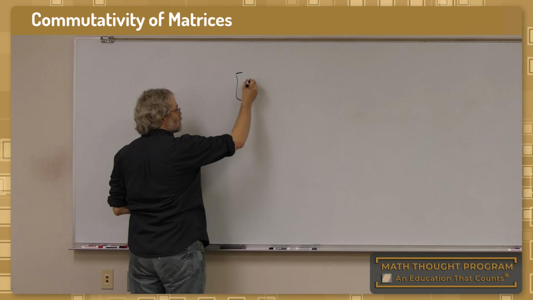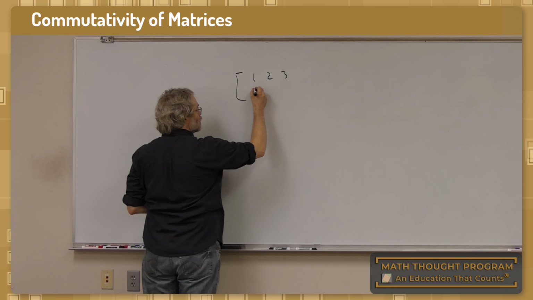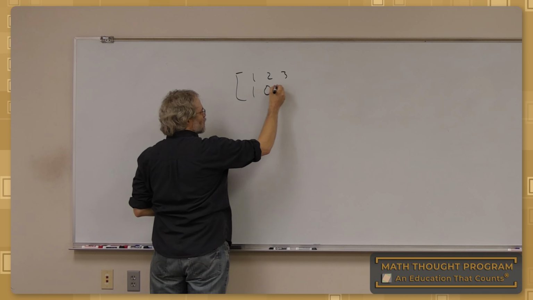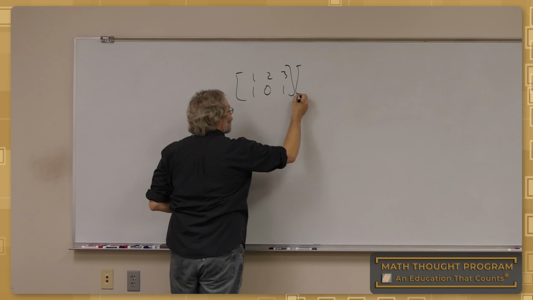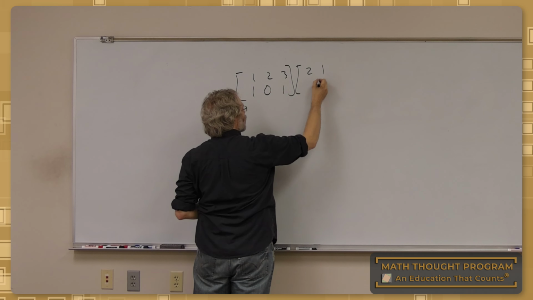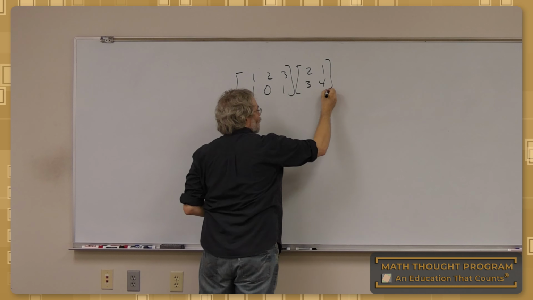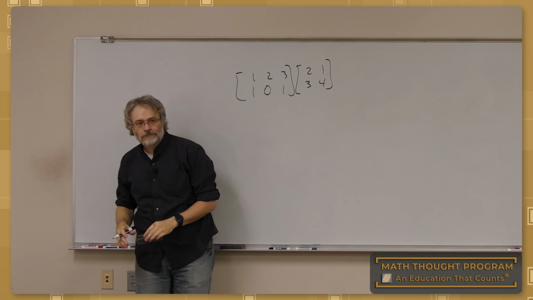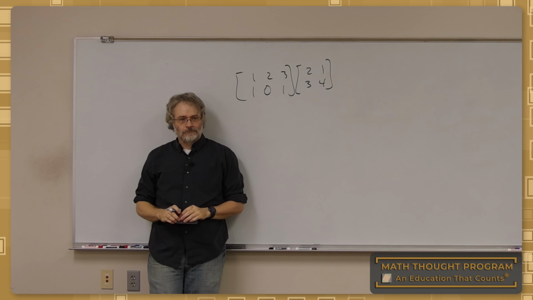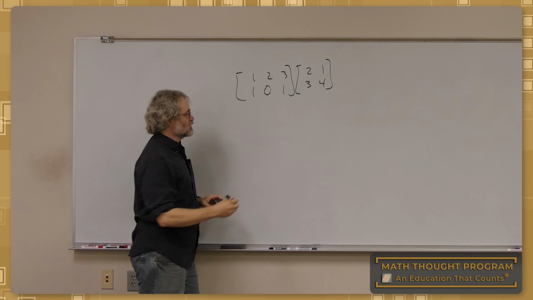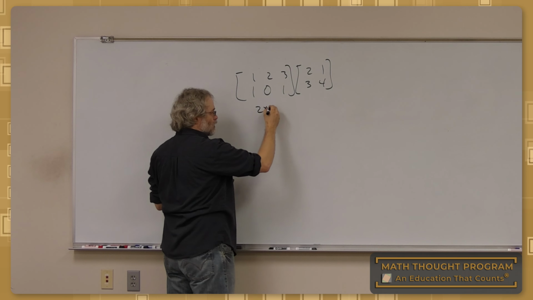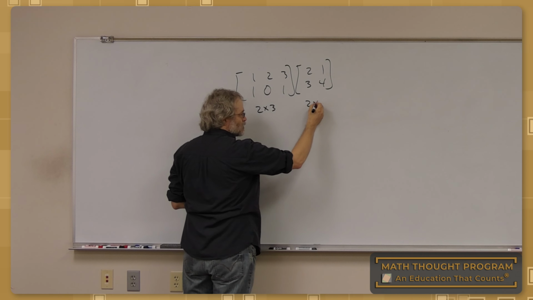So let's say I gave you the matrix 1, 2, 3, 1, 0, 1, and I gave you 2, 1, 3, 4. How would you work this one? This is a 2 by 3 matrix. This is a 2 by 2 matrix.